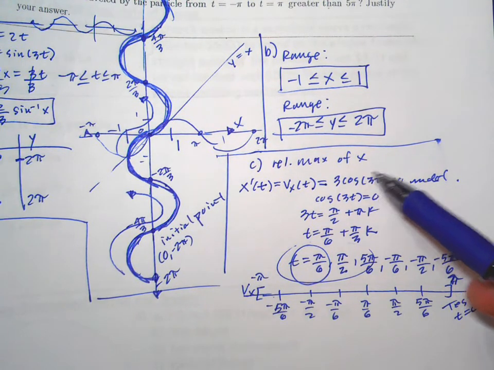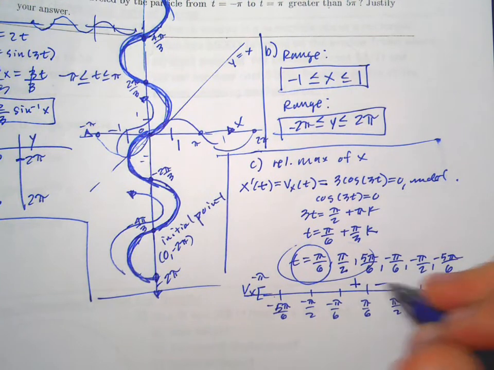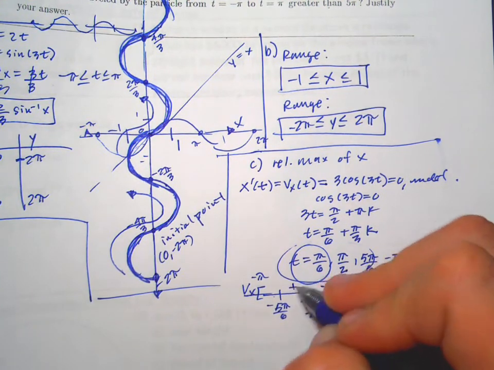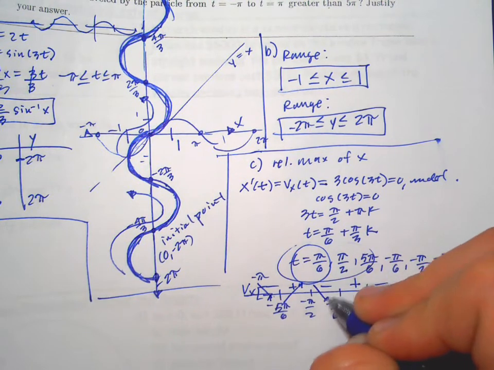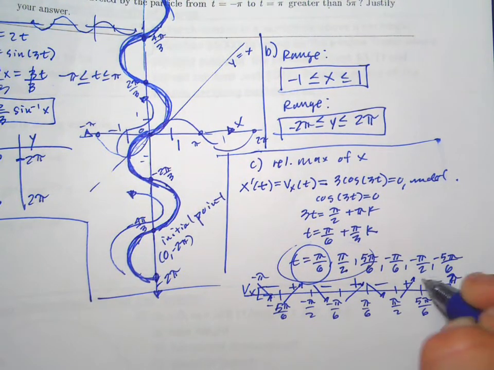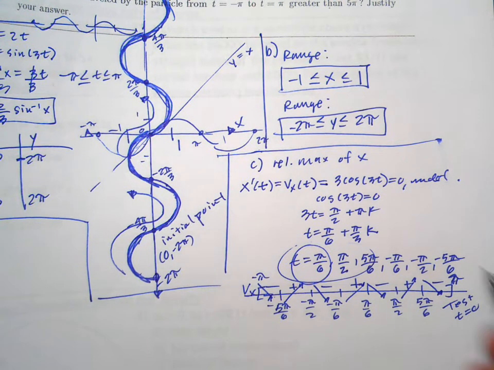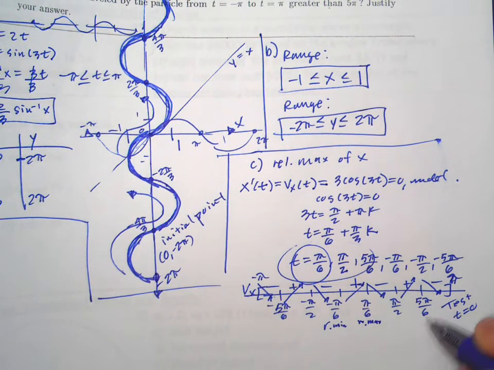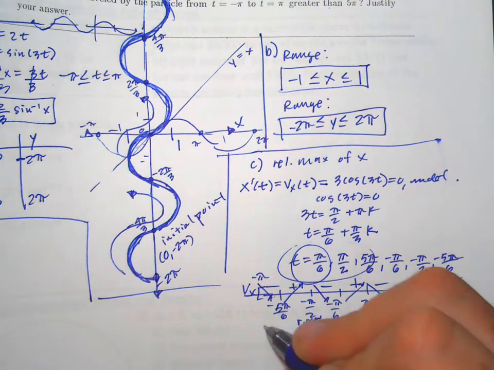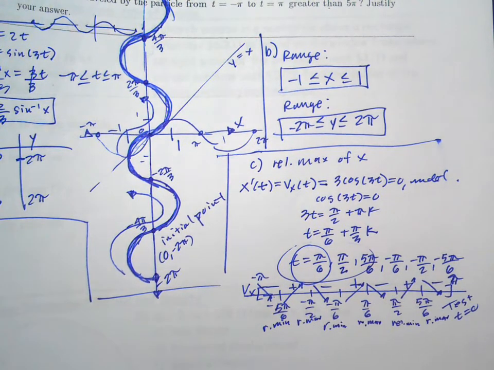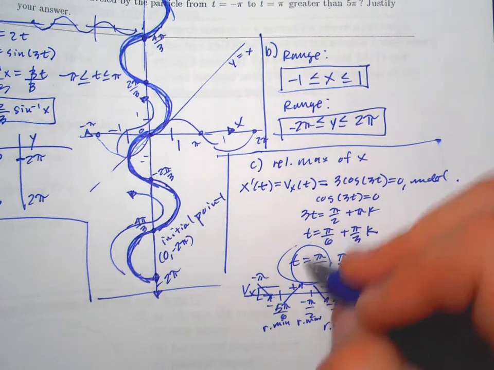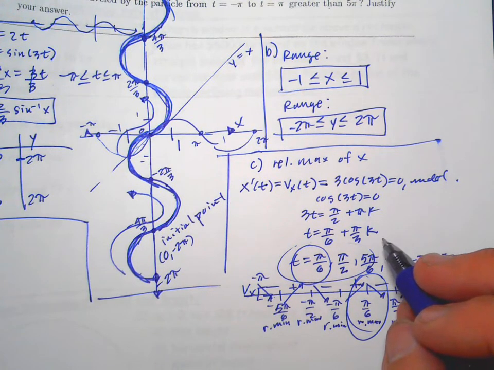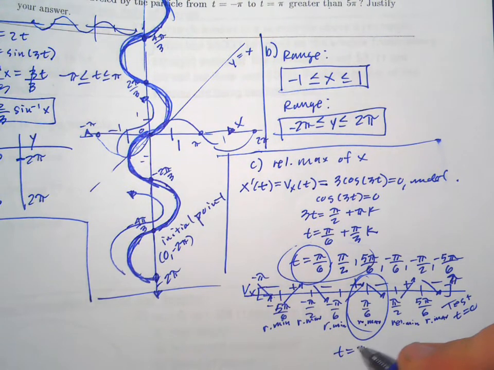So that's going to be positive, negative, positive, negative, negative, positive, negative. So decreasing, increasing, decreasing, increasing, decreasing, increasing, decreasing. So this is relative min, relative max, relative min, relative max, relative max, relative min. So we want the smallest t value that gives you a relative max. So that's that. It's t equals pi over 6.